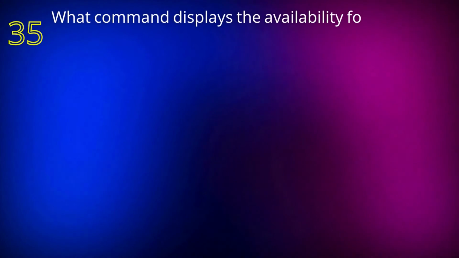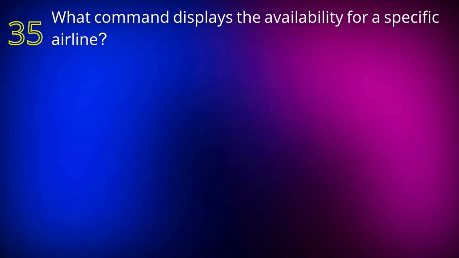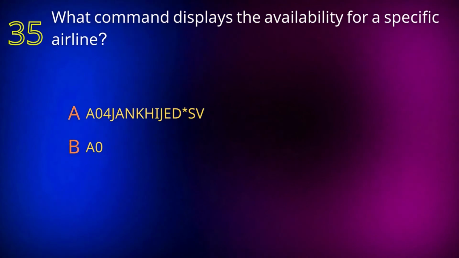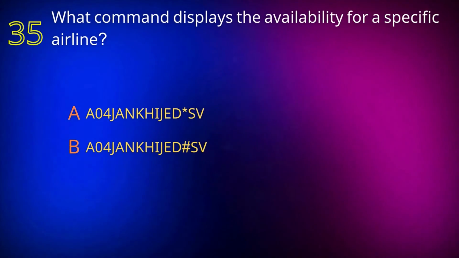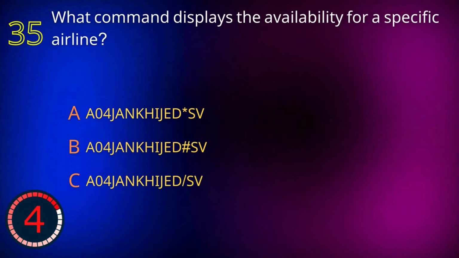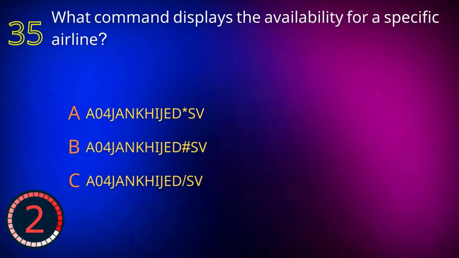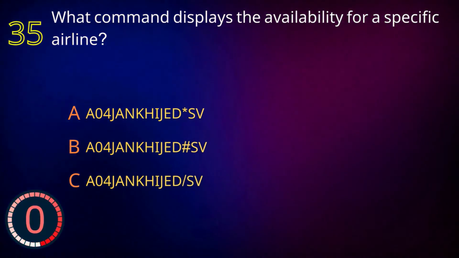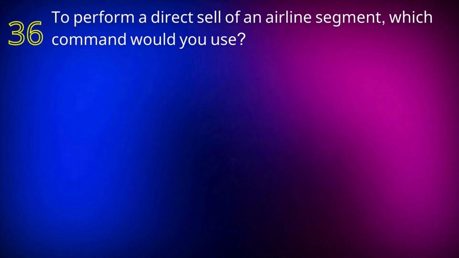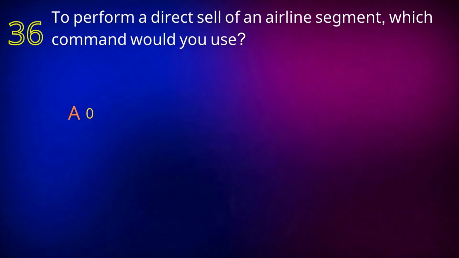What command displays the availability for a specific airline? To perform a direct sell of an airline segment, which command would you use?